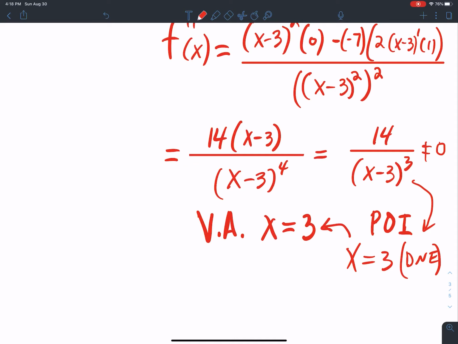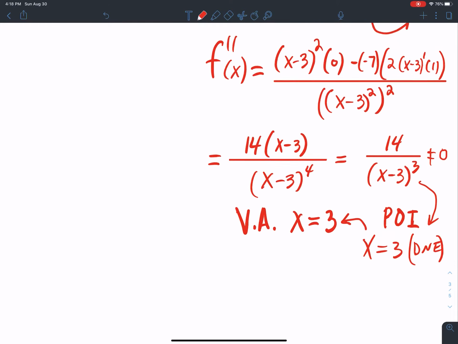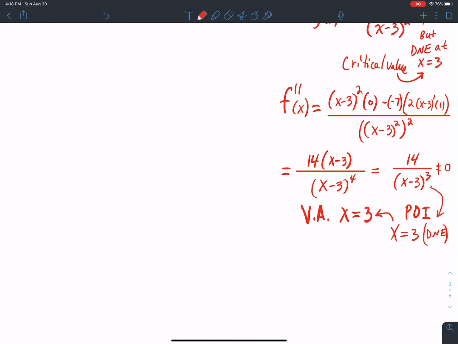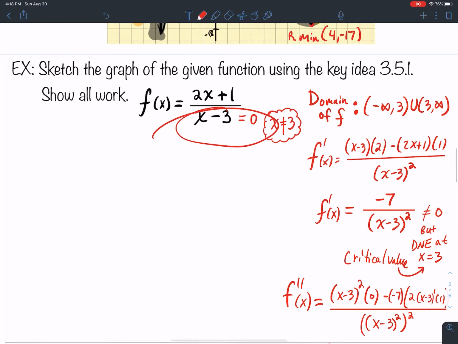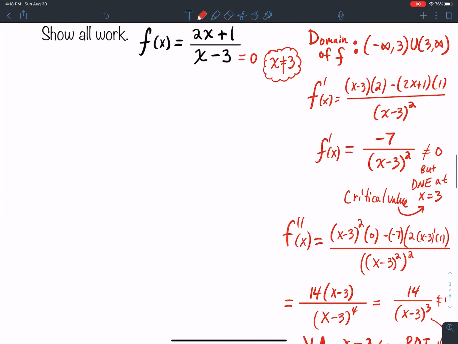Now, vertical asymptotes. Okay, vertical asymptote. If I go back here, I saw that x = 3 was a vertical asymptote because it's not in the domain of this rational here, and it's not a hole. We can't factor it out.